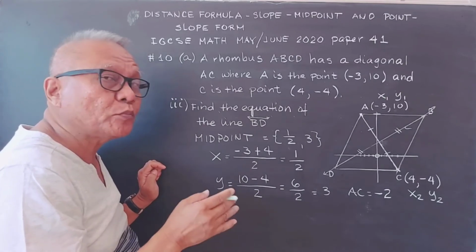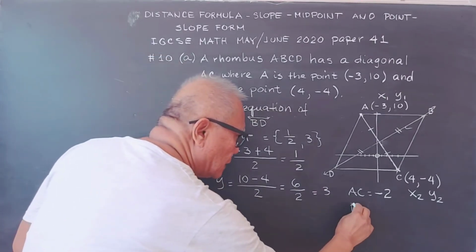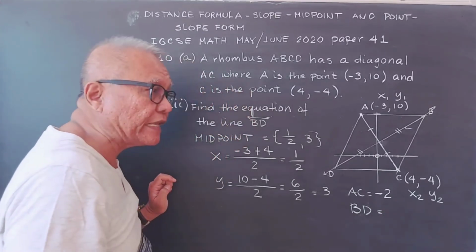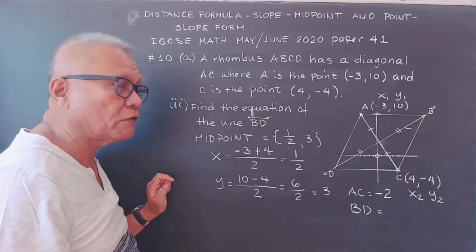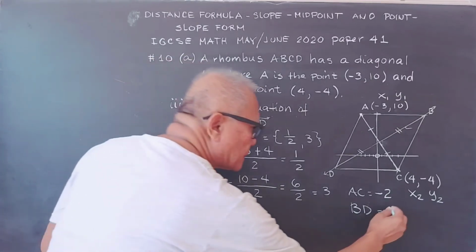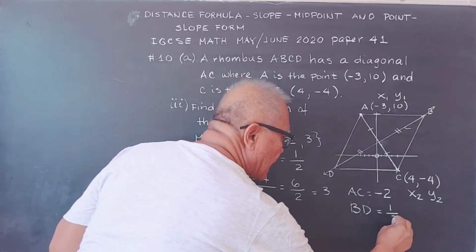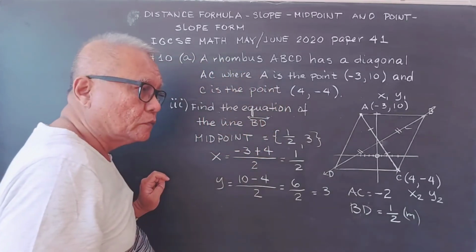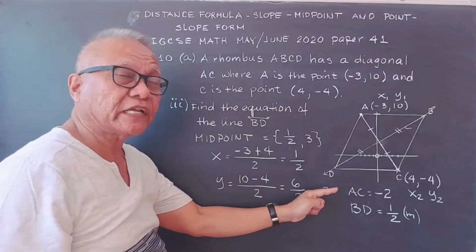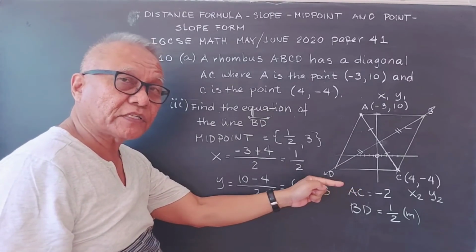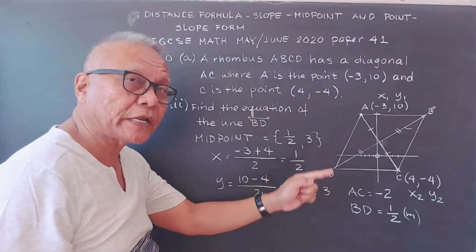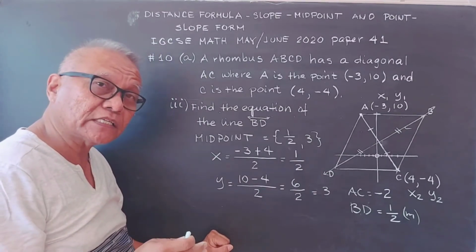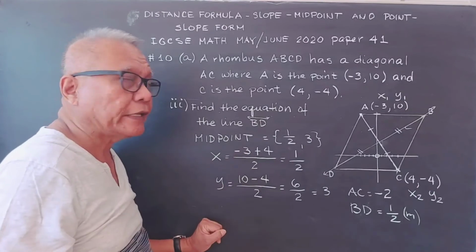So the slope of BD is now the negative reciprocal of negative 2, which is 1/2. This is our m. AC, the slope is negative 2. The negative reciprocal of negative 2 is 1/2, and that is the slope of BD because BD is perpendicular to AC.